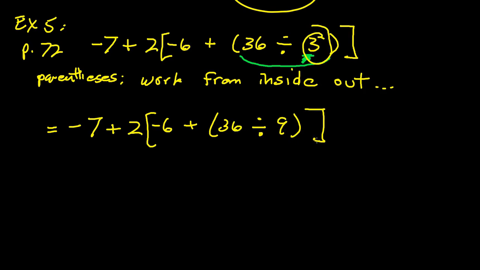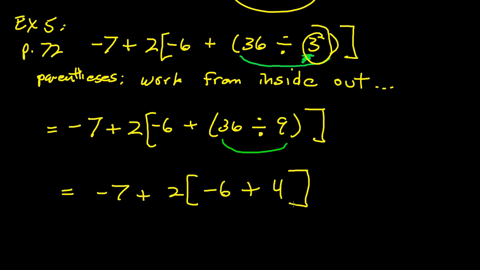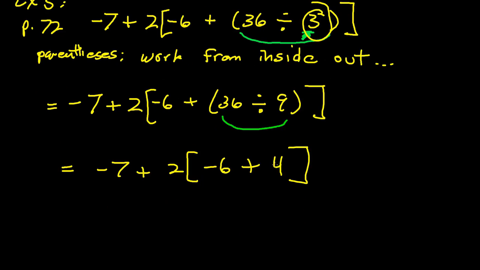And close the brackets. All right, I'm still going to work on the innermost set of parentheses here. 36 divided by 9 comes first. 36 divided by 9, of course, is 4. All right, again, that minus 7 plus 2 gets done last.